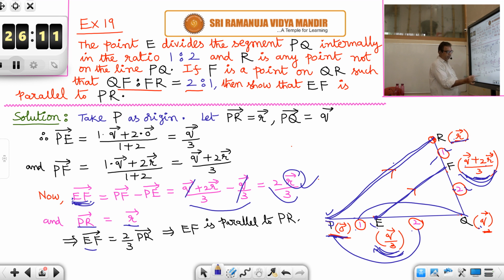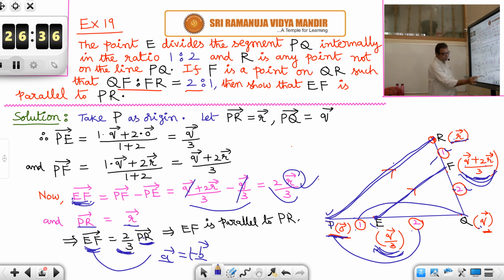So EF bar is equal to 2 by 3 into PR bar. So EF bar is a scalar multiple of the other. One vector is some scalar multiple of the other vector, which means these two vectors are parallel. Okay. A bar is equal to TB bar means A bar and B bar are parallel vectors, where T is any scalar. So EF bar and PR bar are parallel vectors because one is a scalar multiple of the other.